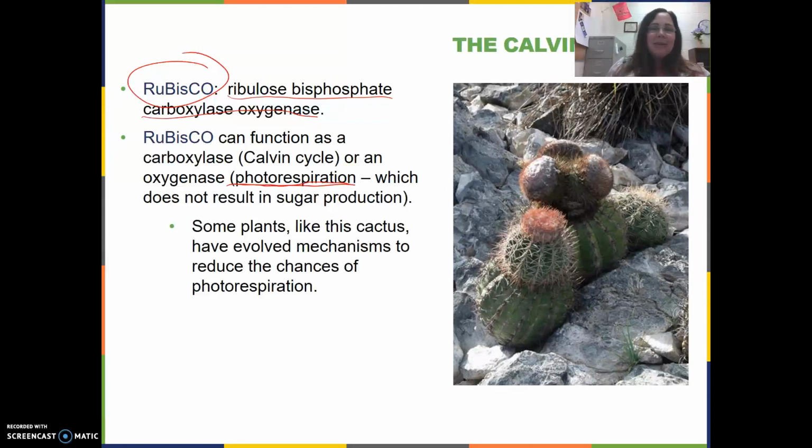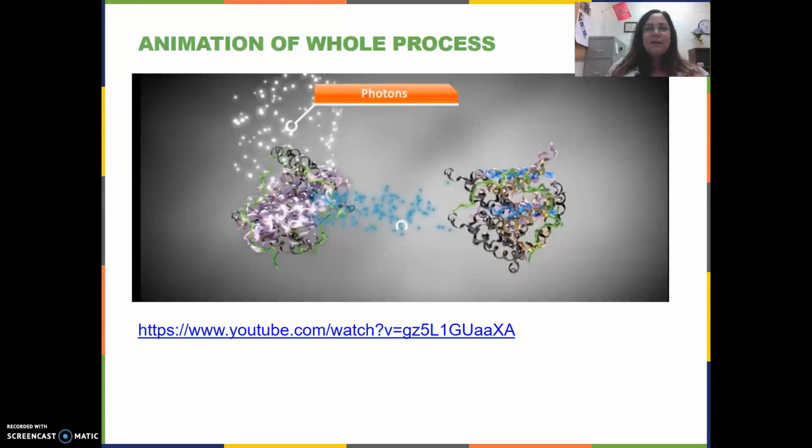Some plants have evolved mechanisms to reduce photorespiration because Rubisco can work as an oxygenase, which doesn't produce sugar, or as a carboxylase, which does produce sugar. And if it's just an oxygenase, it doesn't really help the plant at all. It doesn't make food at all. So it's a wasteful reaction.